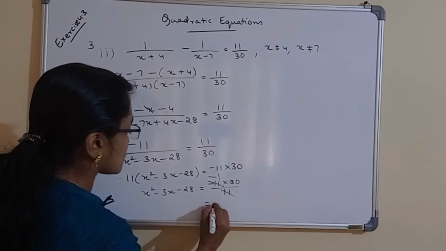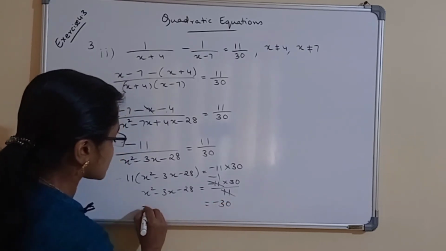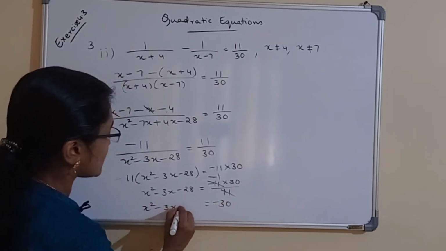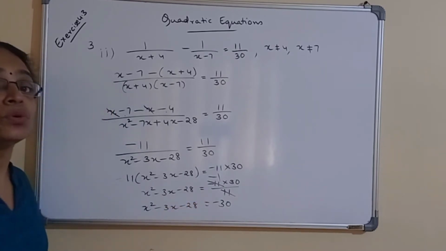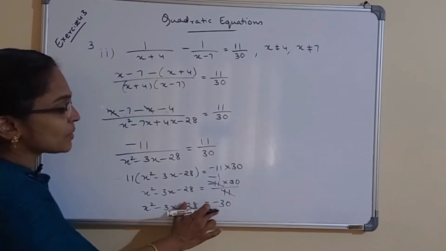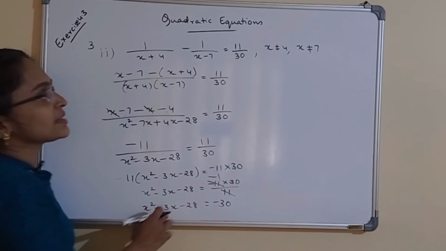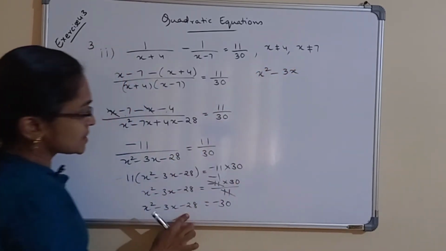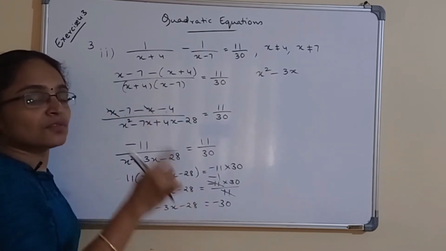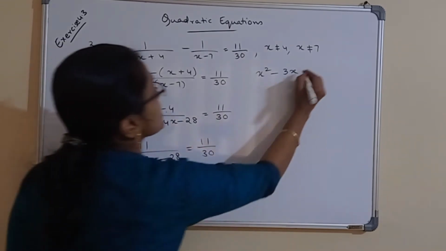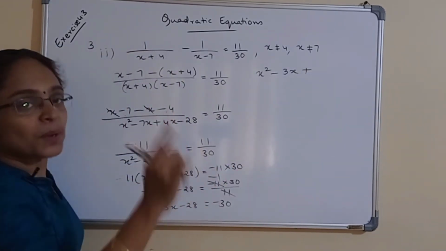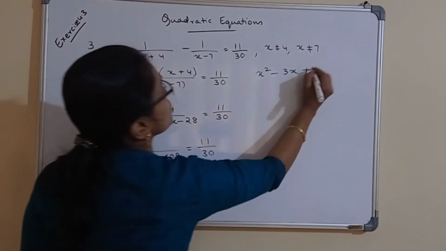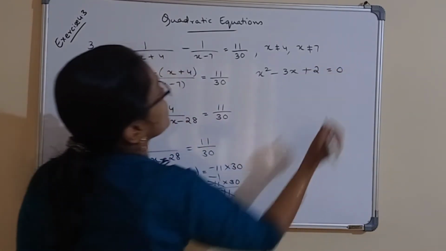So this is equal to minus 30. That is x square minus 3x minus 28 is equal to minus 30. Now bring this minus 30 to the left hand side. We'll get x square minus 3x minus 28 plus 30. It will become plus 30. So minus 28 plus 30 is plus 2 is equal to 0.